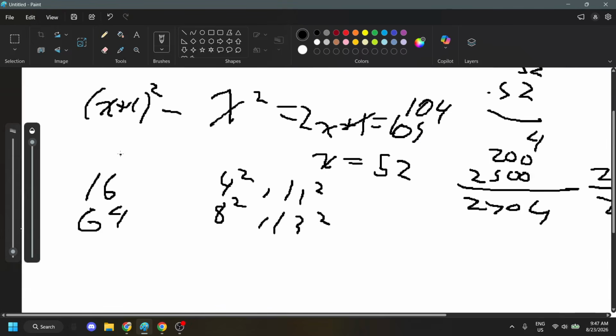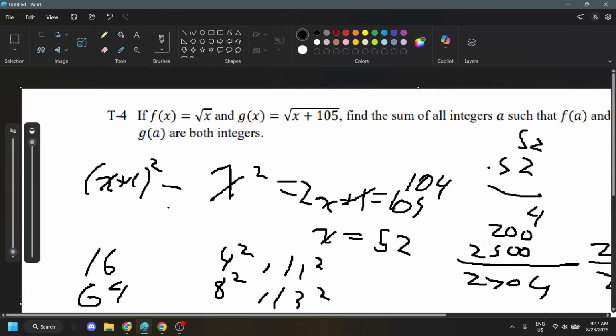But 64 works, and then after 169 we get 196. 196 minus 105 is 91, no. 15 squared is 225. 225 minus 105 is 120, which is not a square. So here we're increasing the gap size.